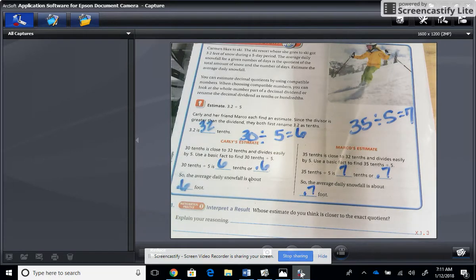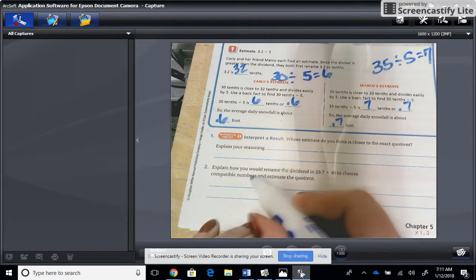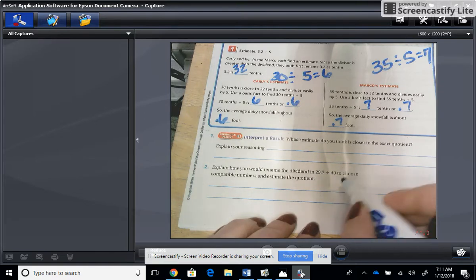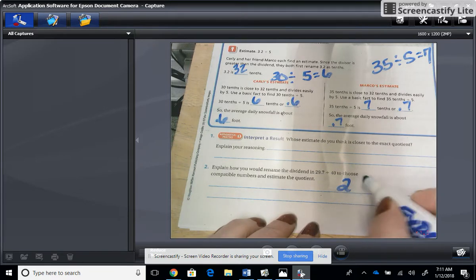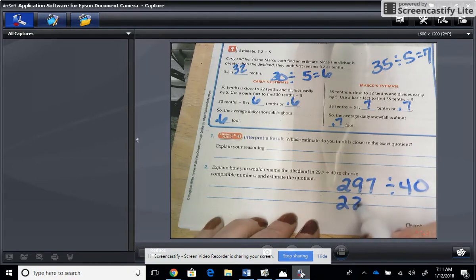Because we changed it to a tenth, we have to call it a tenth, and we have to put the decimal in the tenth spot. So if I did here, I'm going to call this 297 tenths divided by 40. Well, that's not a compatible number, but I know 280 is a compatible number with 40.